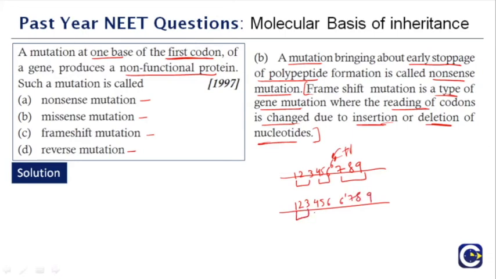So now it will be 1, 2, 3, 4, 5, 6, 7, 8, and this kind of mutation is called frameshift mutation, because it shifts the frame of reading of codon. Similarly, if one of the codons is removed, again it shifts the frame. But a mutation at one base of the first codon produces a non-functional protein, and such a mutation is a missense mutation.